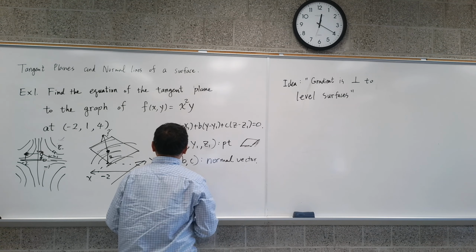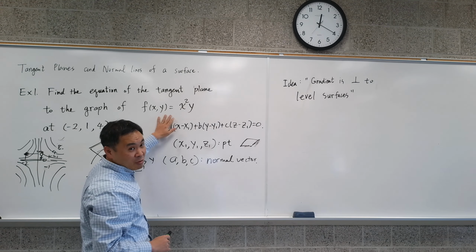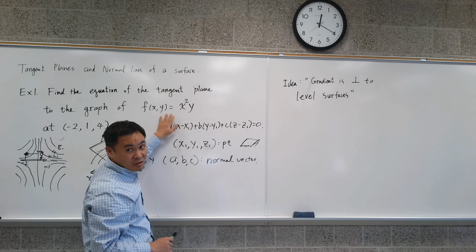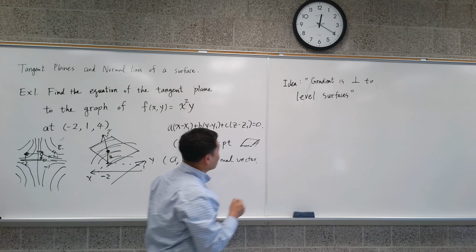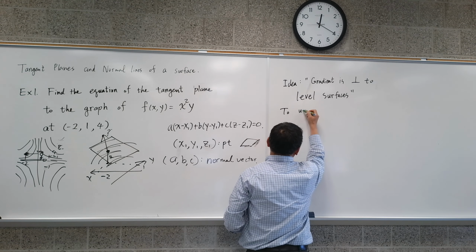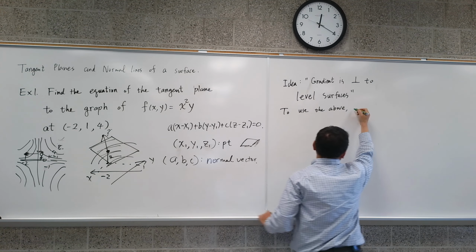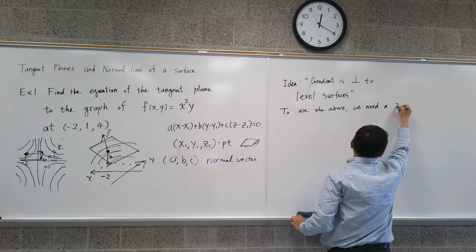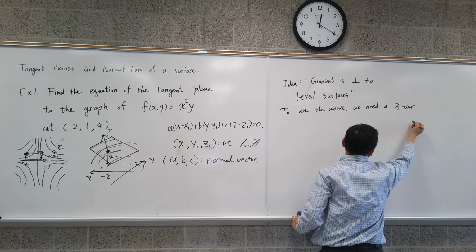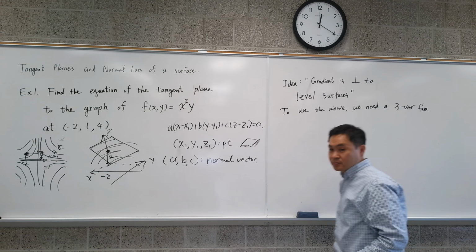So what we do is we have to think about the surface as a 3-variable function, not a 2-variable function. In order to use that idea, to use the above, we need a 3-variable function.